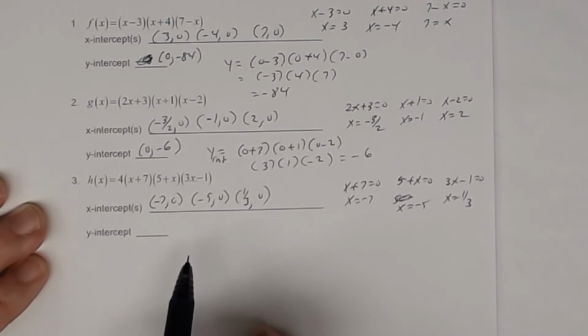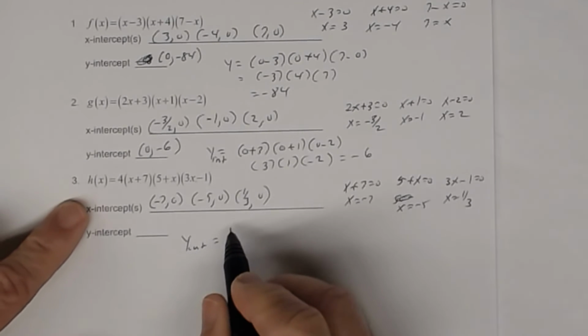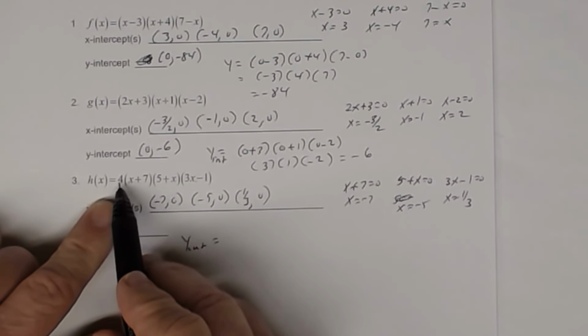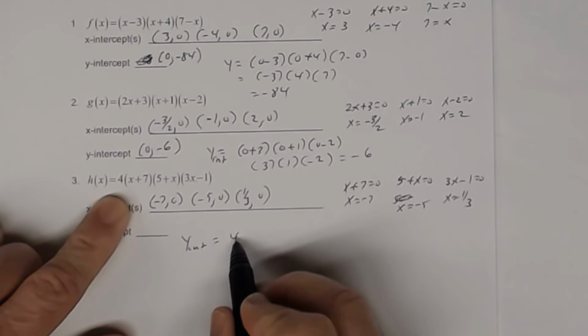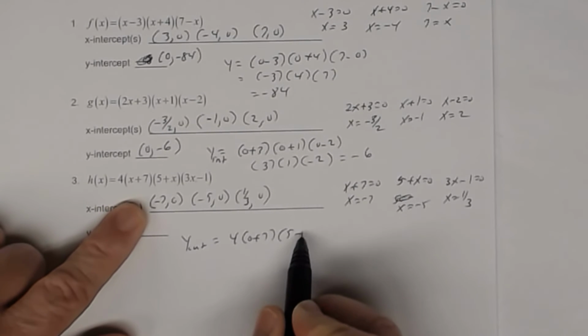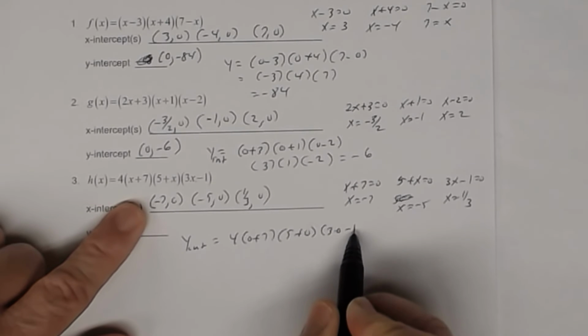And then to find the y-intercept, you're going to set x equal to 0, but don't forget this factor. This is a factor, so you need that one as well. So you get 4 times (0 plus 7) times (5 plus 0) times (3 times 0 minus 1).